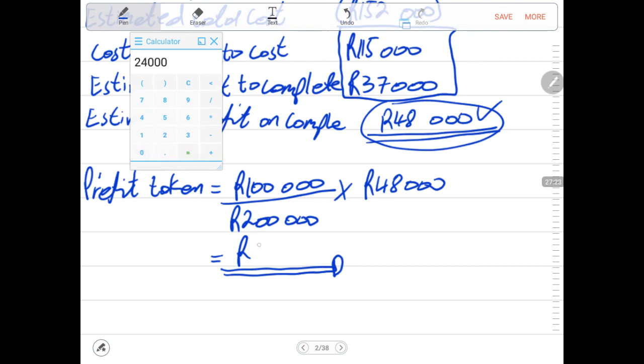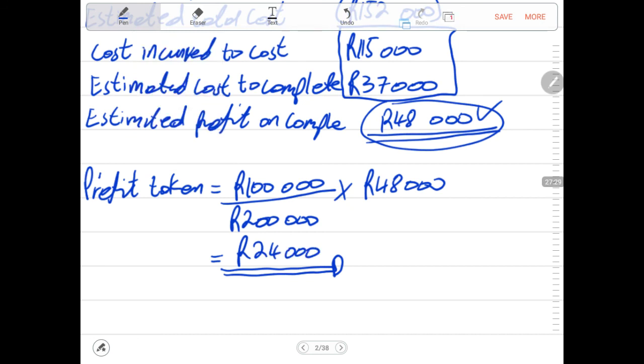So that means the profit that we can report today, if today was the end of the accounting period, will be 24,000 rands. 48,000 rands is the expected profit to be made at the end of the project, or at completion of this project. Hence we don't report 48,000 under the statement of profit or loss, but we report 24,000 rands.